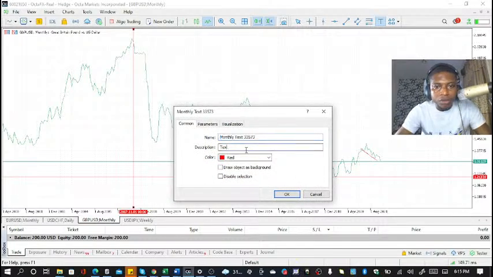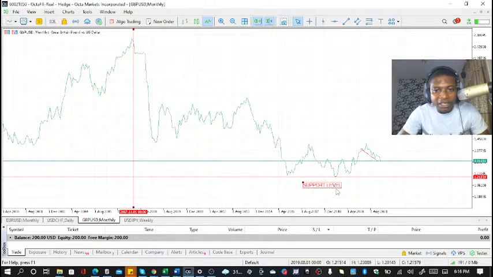Support level, to be in red. Support level.